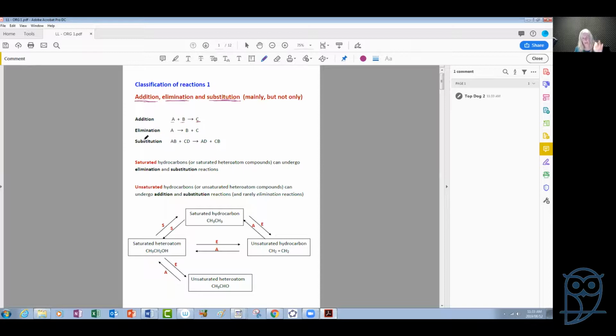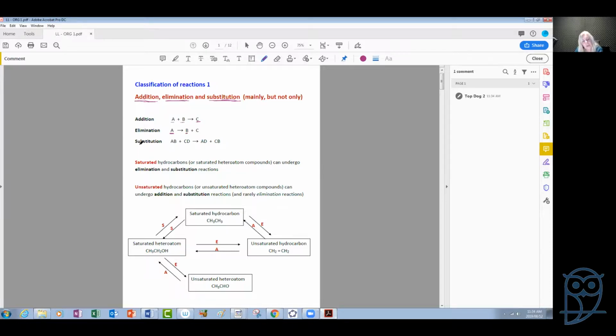Elimination reactions in general are reactions in which we have one compound and it breaks into two compounds, but usually the one piece that breaks away is a small piece, could be a molecule of water or some hydrogen halide, for example, some small molecule that breaks away, and the result, of course, is a different compound and this small molecule that breaks away.